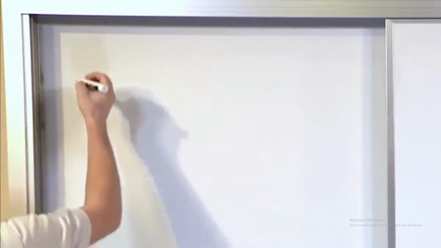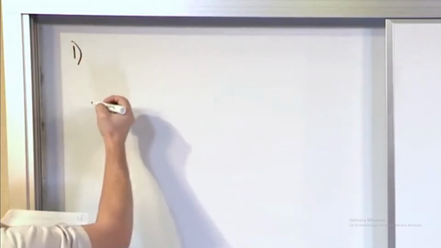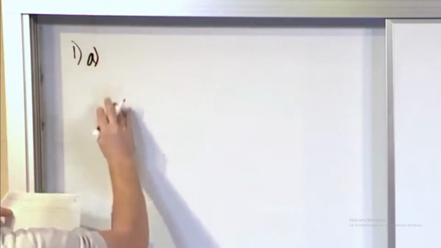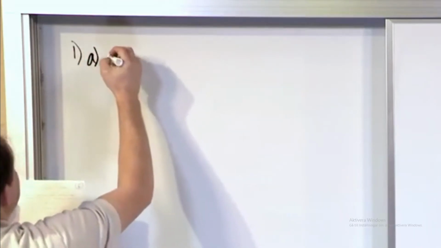Okay, so the very first rule, rule number 1, is something we've actually talked about before. There's a part A and a part B, so let's call it 1A.